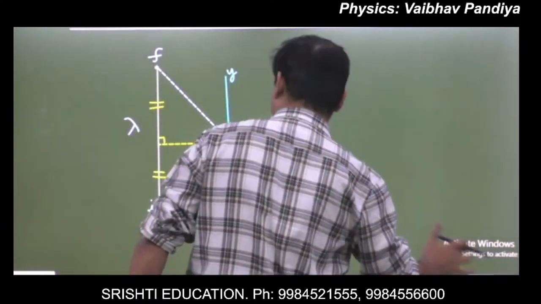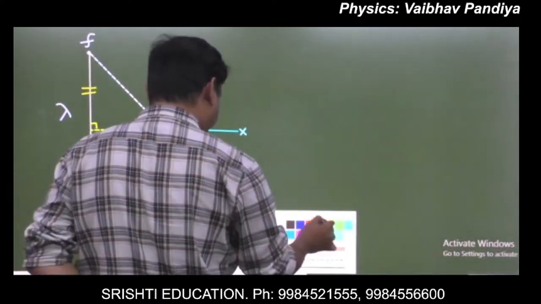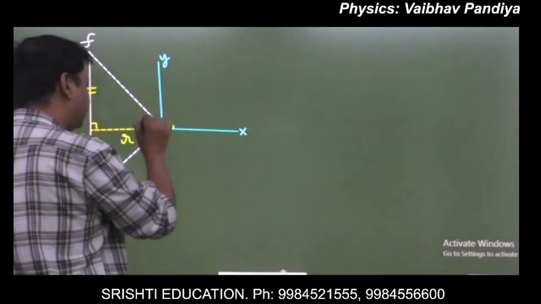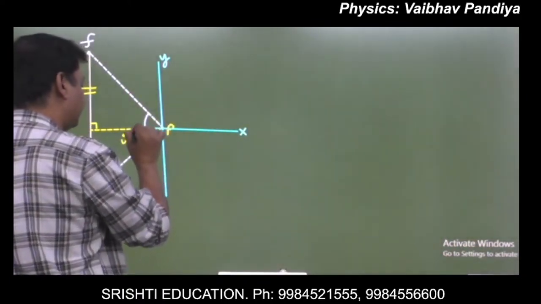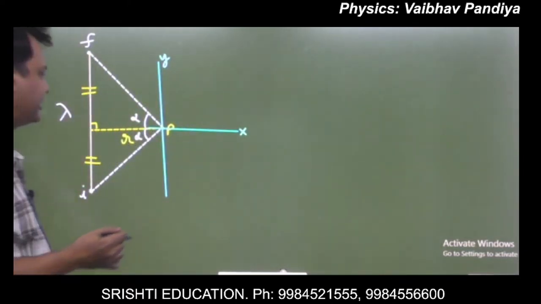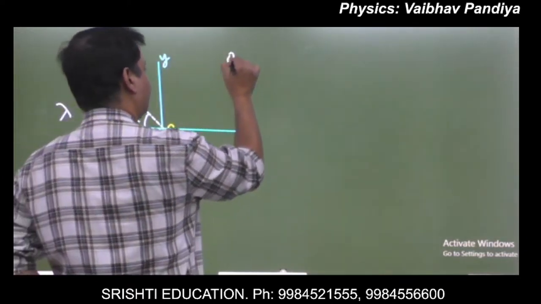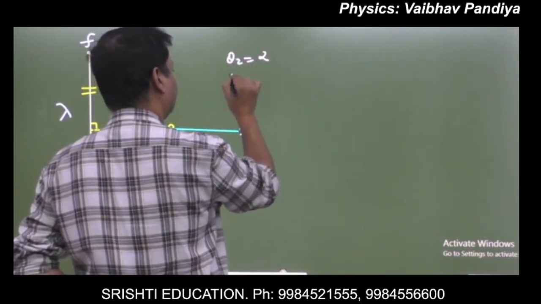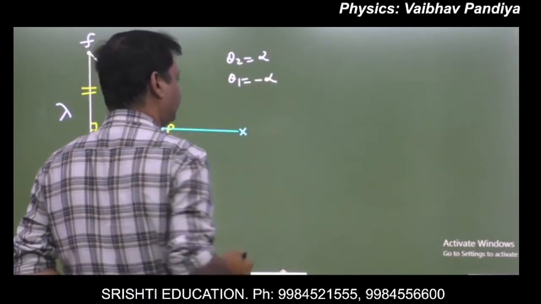Now see, in this case, both these angles will be equal, correct? If this is alpha, this will also be alpha, because point P is on the perpendicular bisector. So theta 2 will be alpha and theta 1 will be minus alpha, correct?